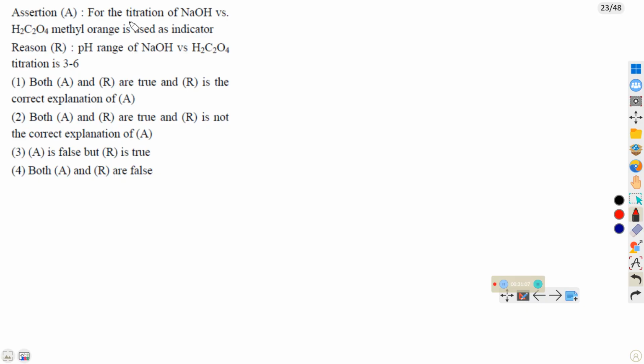Assertion: for the titration of NaOH versus H2C2O4, methyl orange is used as indicator. Wrong. Why is it wrong? Because NaOH is a strong base. If the base is stronger, then use phenolphthalein indicator.